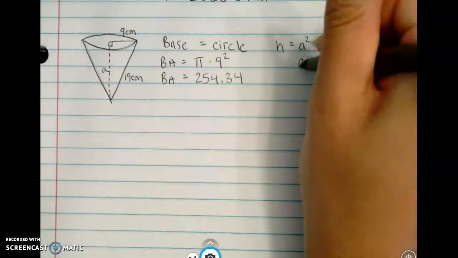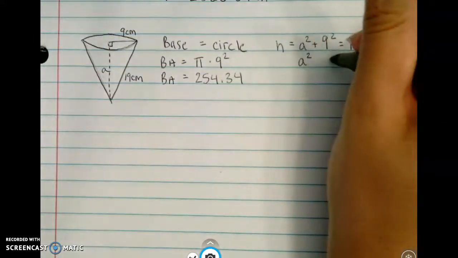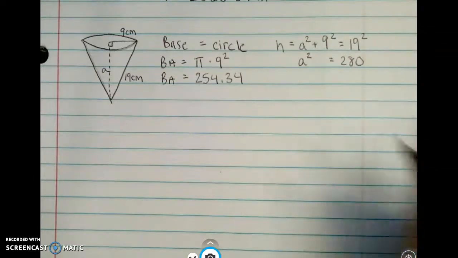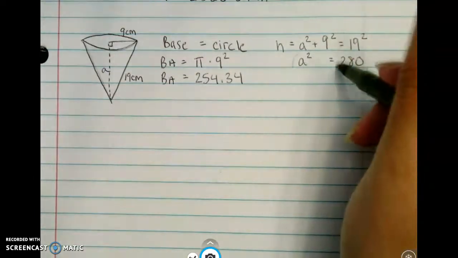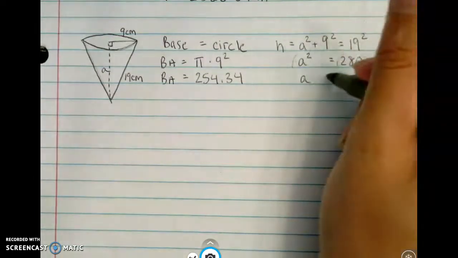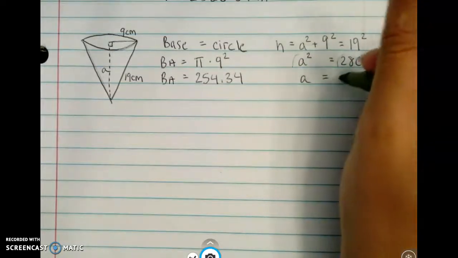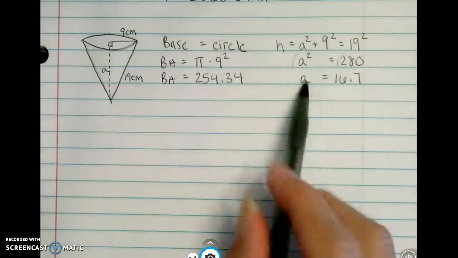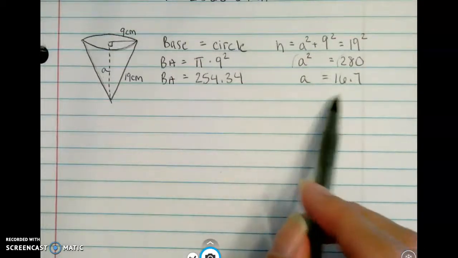And when I do that, I'll have A by itself, so A squared will equal 280. I'm going to square root both sides. And A is going to equal 16.7.